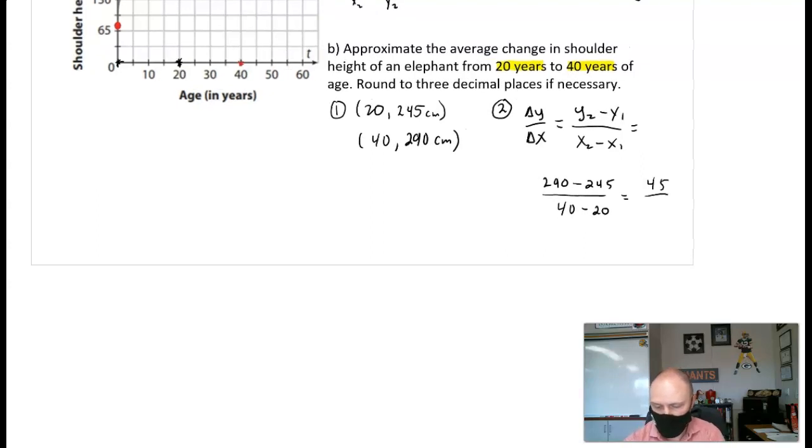So we get 45 divided by 20, which is approximately 2.25 centimeters per year.